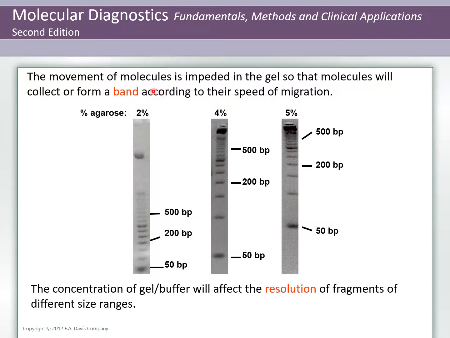So here you can see we have a 2%, a 4%, and a 5% agarose gel. So here on the 2% you can see that the molecules move faster and they move closer to the bottom. The 4% are impeded a little more, and then the 5% are impeded the most, where the molecules stay closer to the application region.